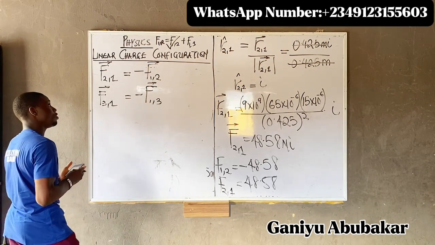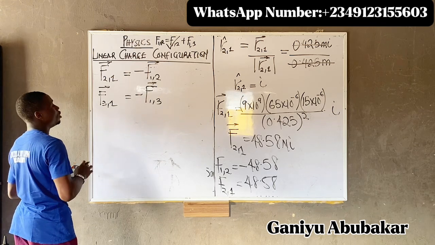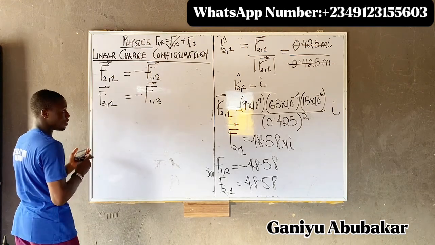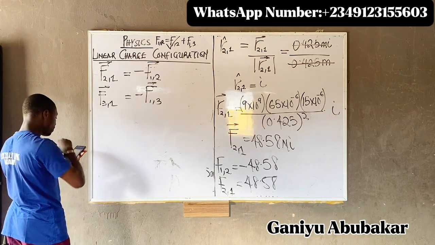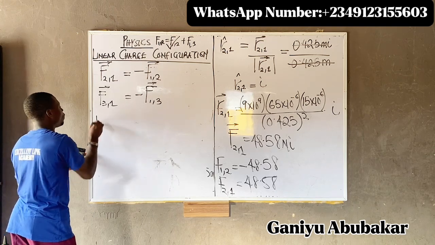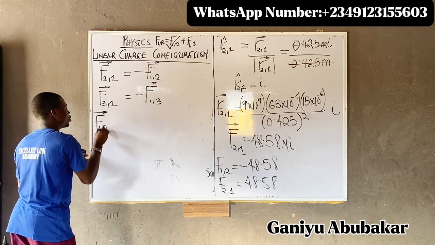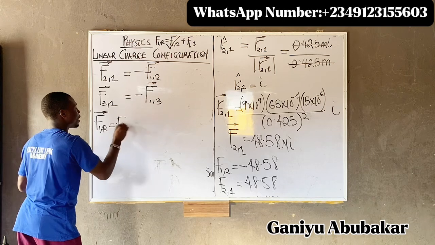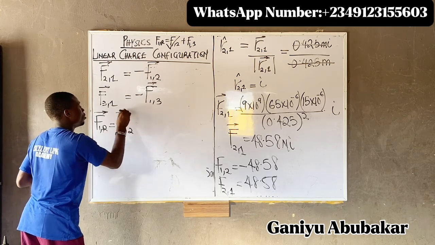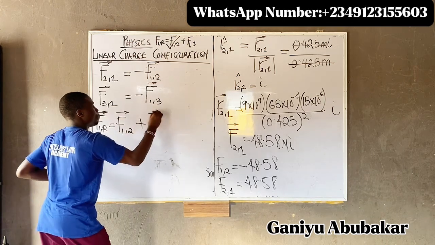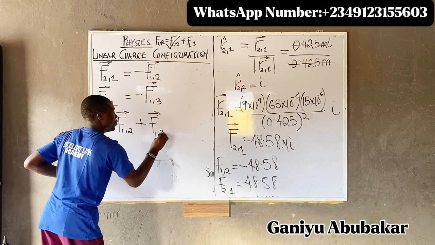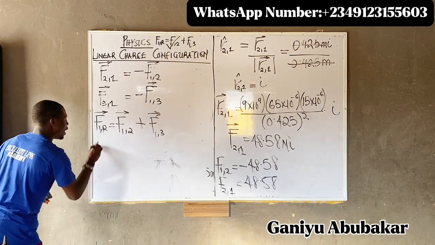So in exam, you can be asked to find the resultant force of all the components. I'm saying that for F1 resultant, that becomes F12 plus F13. Let's also find F2 resultant.